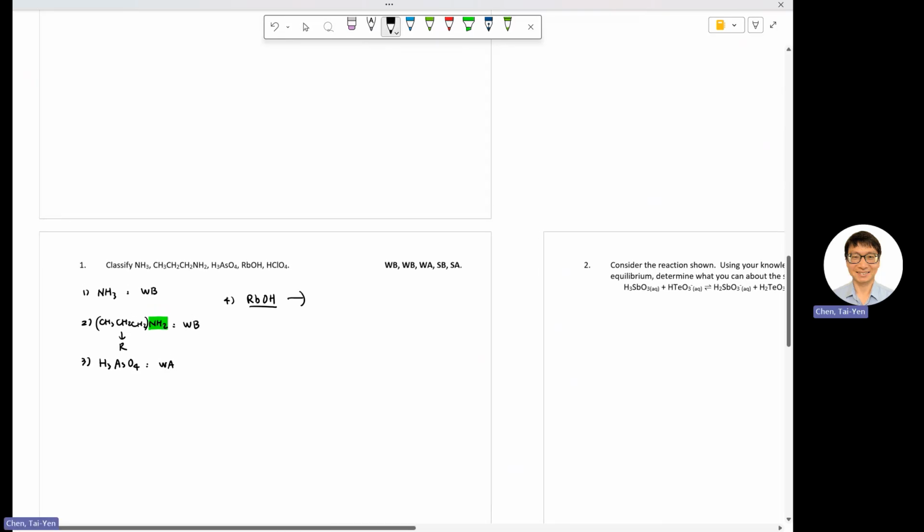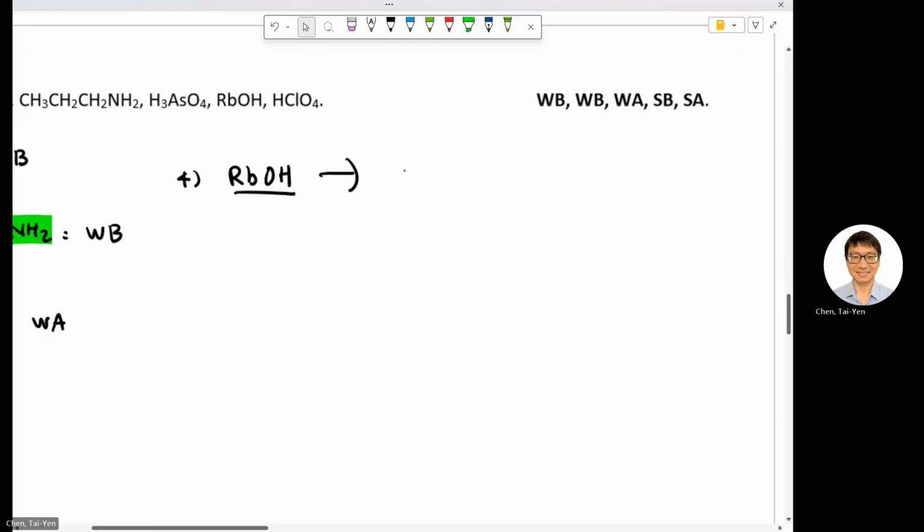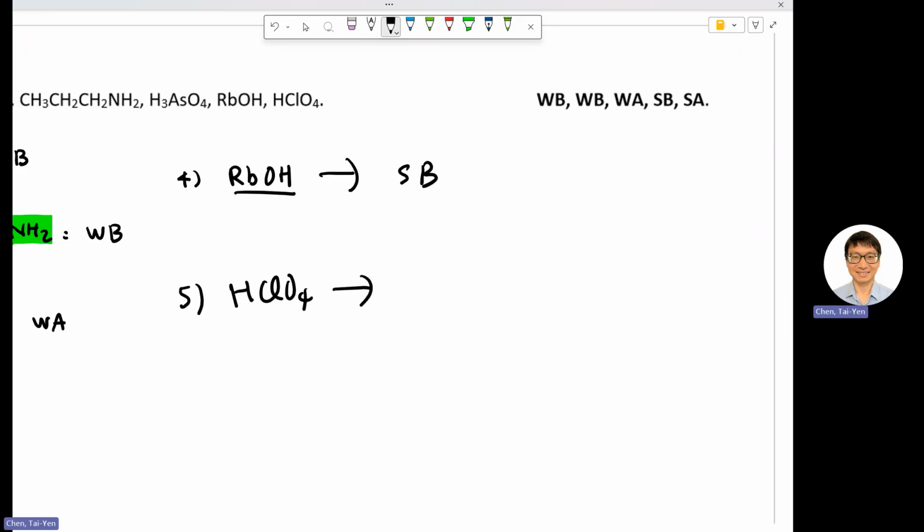Therefore, you know it's a 1A hydroxide, a strong base. Okay, very last one. HClO4. You can recognize this as one of your big 7, a strong acid. If you can really memorize the rules that we just went through, then solving this type of question is pretty simple. Any questions so far?